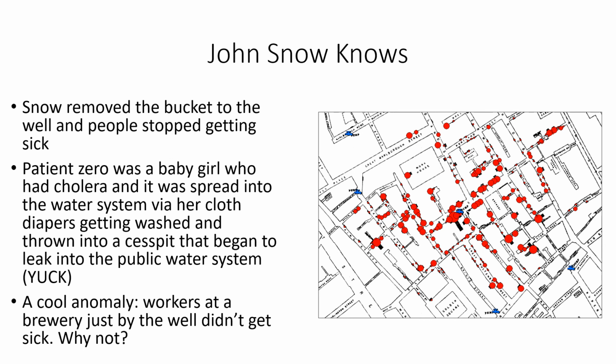But the answer, so instead of making you wait, is that the workers would drink the beer as opposed to drinking water, so they didn't get sick. Kind of like, and spoiler alert if you've never seen this movie, Cabin Fever, kind of what happened to the one guy in Cabin Fever, if you are familiar with the movie.